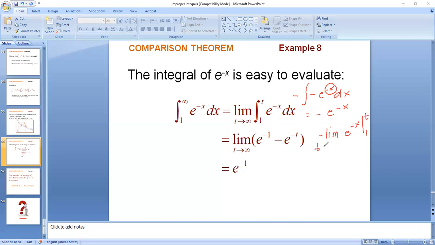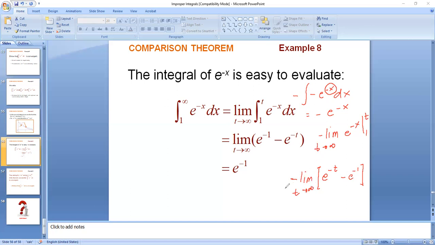As t approaches infinity. Then I will substitute the limits here, class. So I will have negative limit of e raised to negative t minus e raised to negative 1. So you will understand. So this is for t approaching infinity.